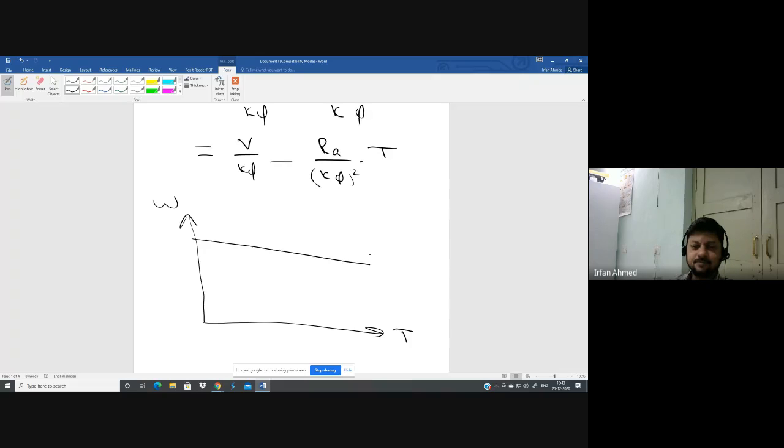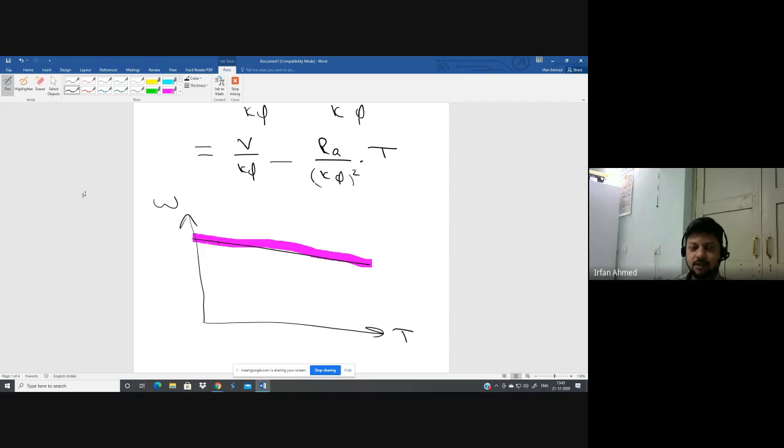Is that clear? This speed torque characteristic is at rated voltage, rated flux, and without any external resistance in the armature circuit.